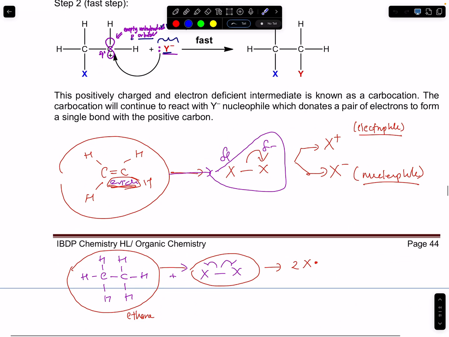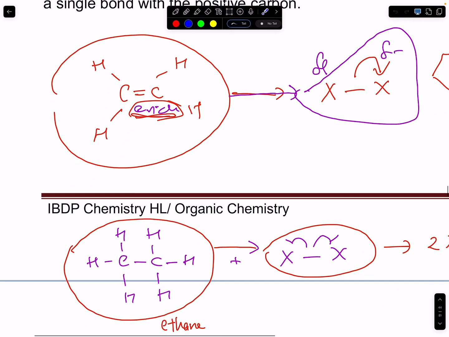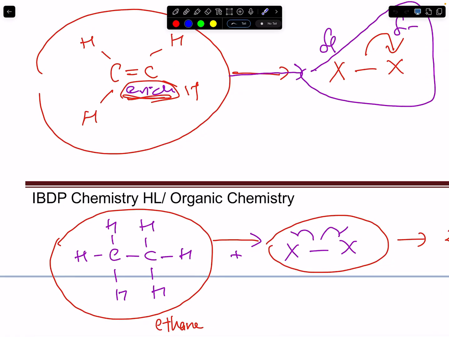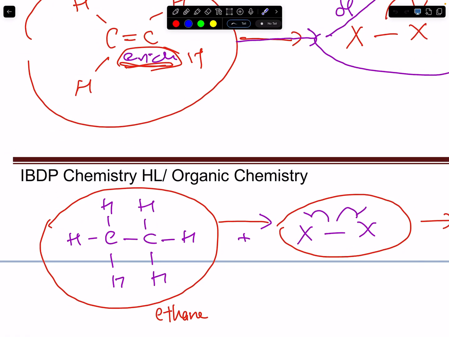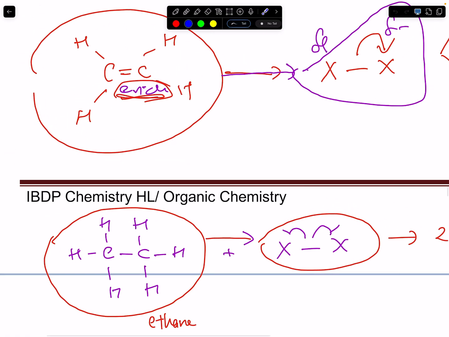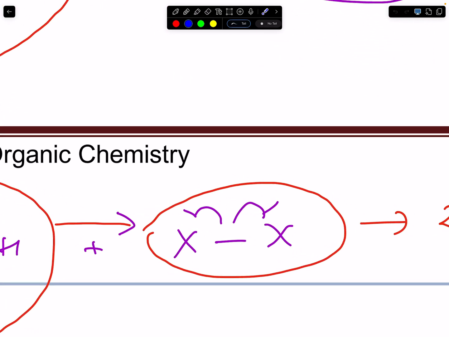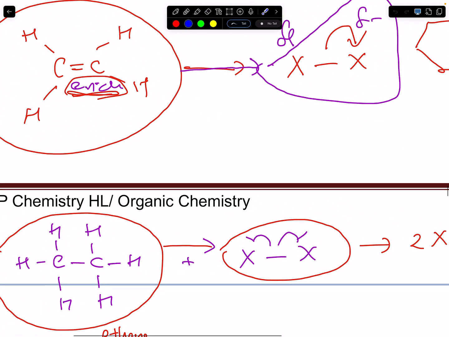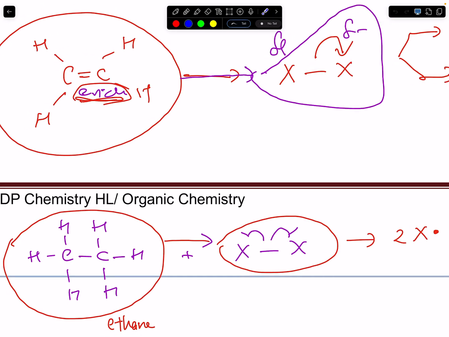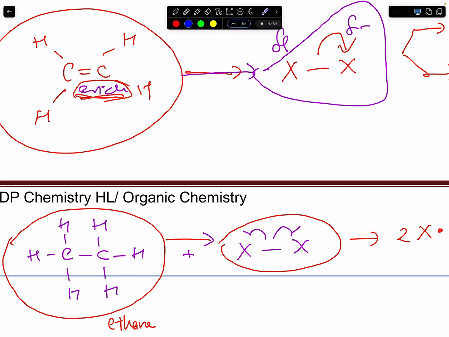Now, this is based on the previous lesson. I would like you all to look at the molecule below first. If you look at the screen, you'll be able to see that when ethane approaches a halogen molecule, because ethane is neither electron rich nor electron deficient, the halogen molecule will not be polarized as much.